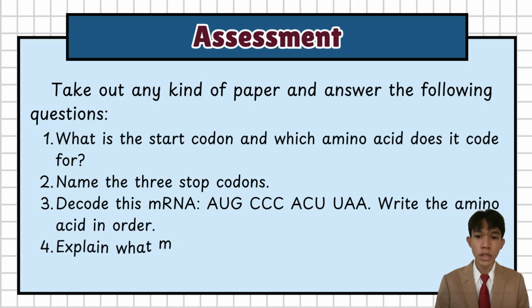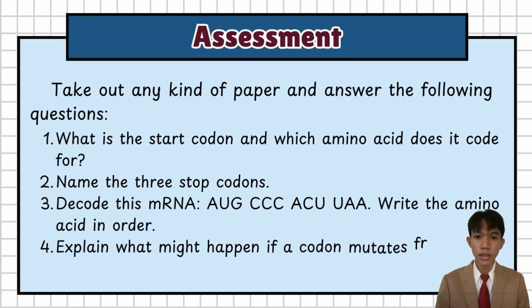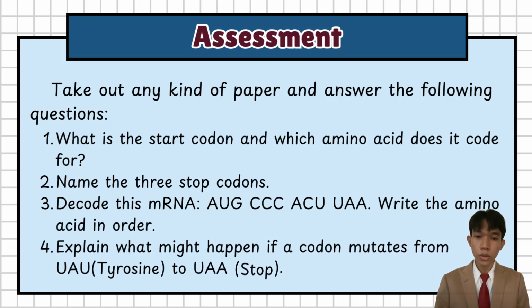Decode this mRNA: AUG, CCC, ACU, UAA. Write the amino acids in order. Explain what might happen if a codon mutates from UAU, tyrosine, to UAA. Pause the video and answer. Work quietly and use your codon chart.